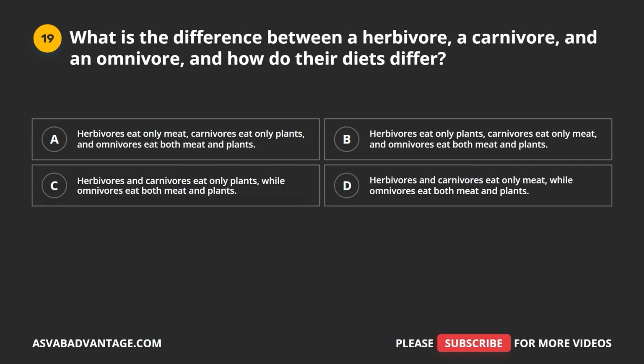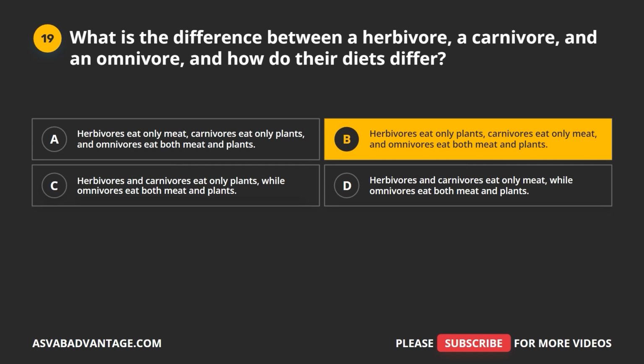B. Herbivores eat only plants, carnivores eat only meat, and herbivores eat both meat and plants. C. Herbivores and carnivores eat only plants, while omnivores eat both meat and plants. D. Herbivores and carnivores eat only meat, while omnivores eat only meat and plants. The correct answer is B.